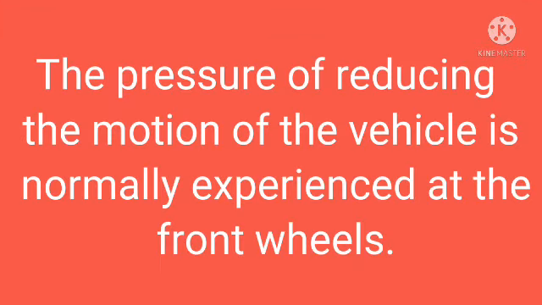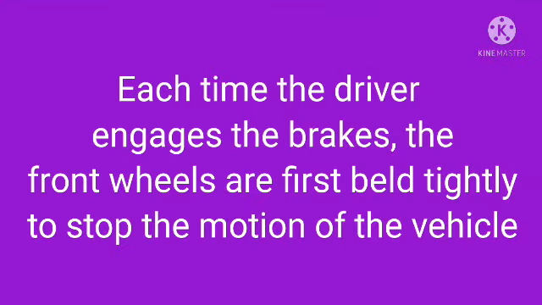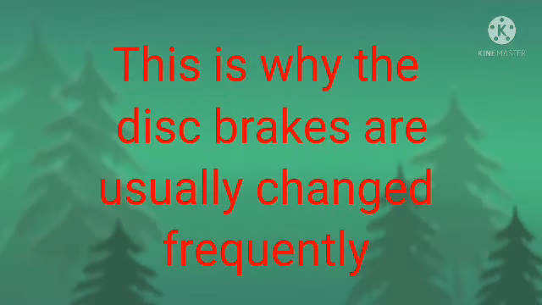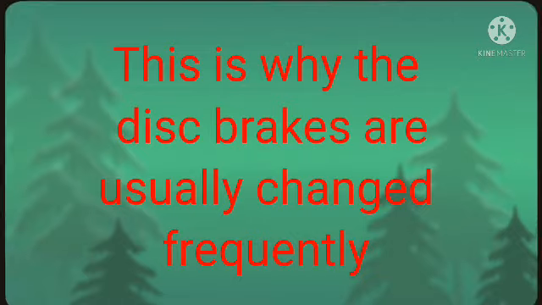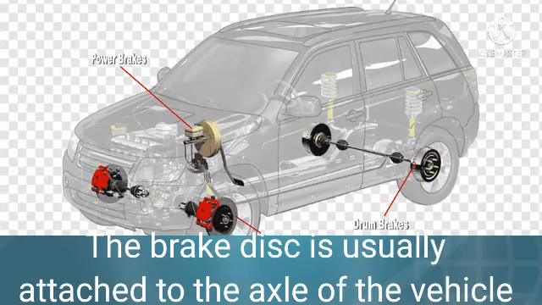That is why the disc brakes are easily changed, because the force of reducing the motion of the vehicle is normally experienced at the front wheels, because each time the driver engages the brake pedal, the front wheels are first held tightly to stop the motion, and that's why it is often changed. The brake disc is usually attached to the axle of the vehicle.